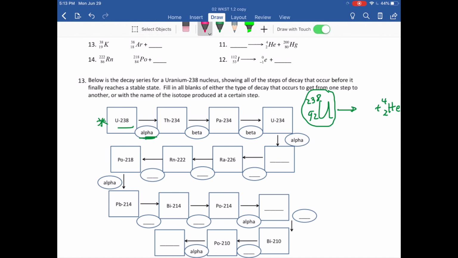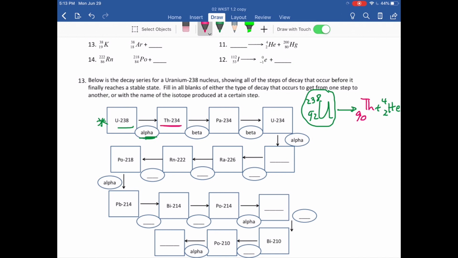You say, okay, what number plus 2 equals 92? So 90 is going to be the atomic number. Now you go to the periodic table and you find the element that has 90 as its atomic number, and that is thorium, TH. So you write TH. That's why this is going to be the next one.